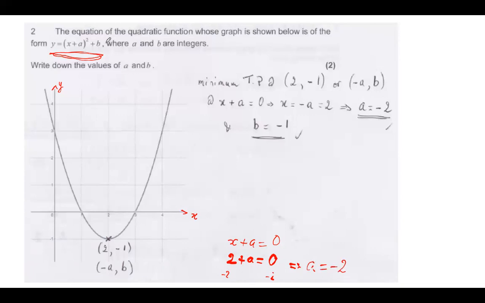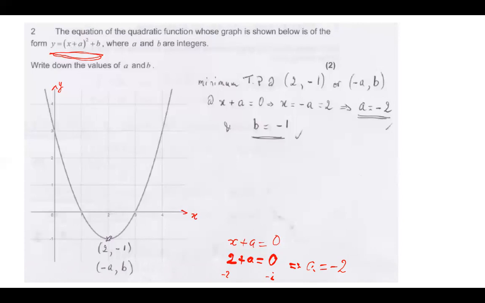Or sometimes we just say minus a because it's the opposite of a here. So if you've got x plus a, when x equals minus a, plus a will equal 0. So that's why a equals -2. So b is the value of y, but for x, you need to change the sign.